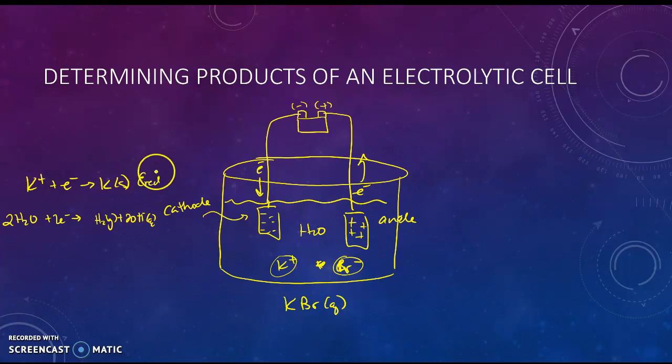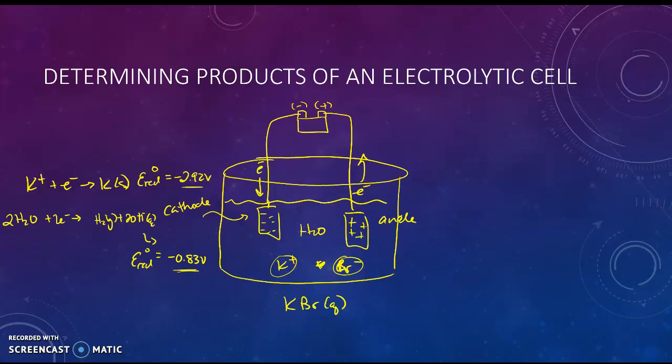The reduction potential for potassium is negative 2.92 volts, and the reduction potential for water is negative 3 volts. One of these is going to be reduced, and you can see from these numbers that it's going to be easier to reduce water than potassium. In fact, potassium reacts with water, and this shows you why.